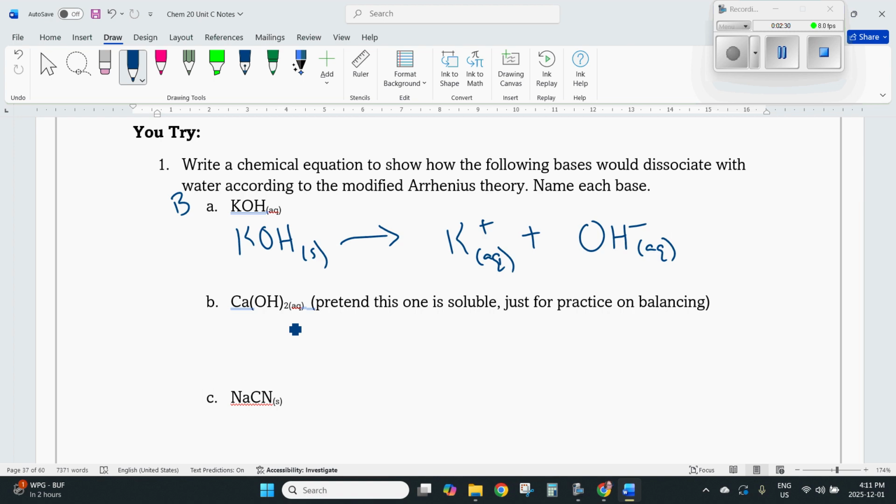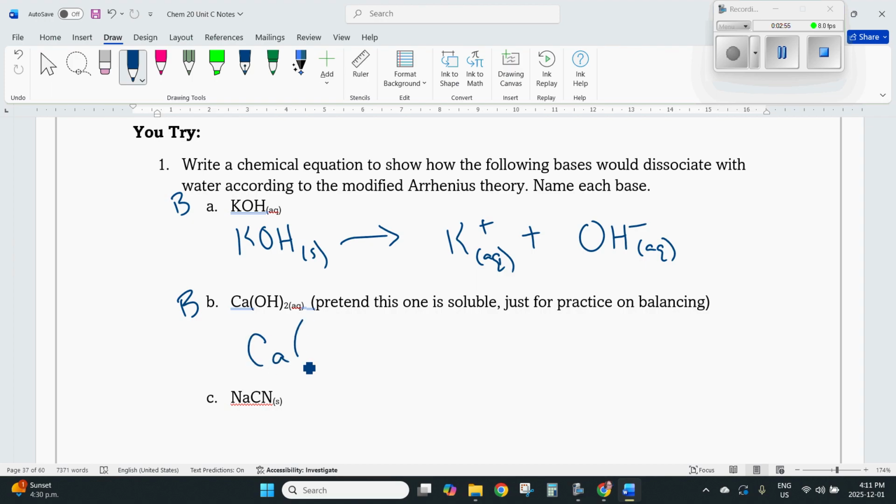Our next one is Ca(OH)2. It says pretend this one is soluble, and I'll mention this more in detail when we do our strong acids and bases. Okay, so we have Ca(OH)2. Now I wanted this one in here because it's important for balancing, because they're not always as straightforward as in A. So I know that this one is a base, definitely because it has that OH in it.